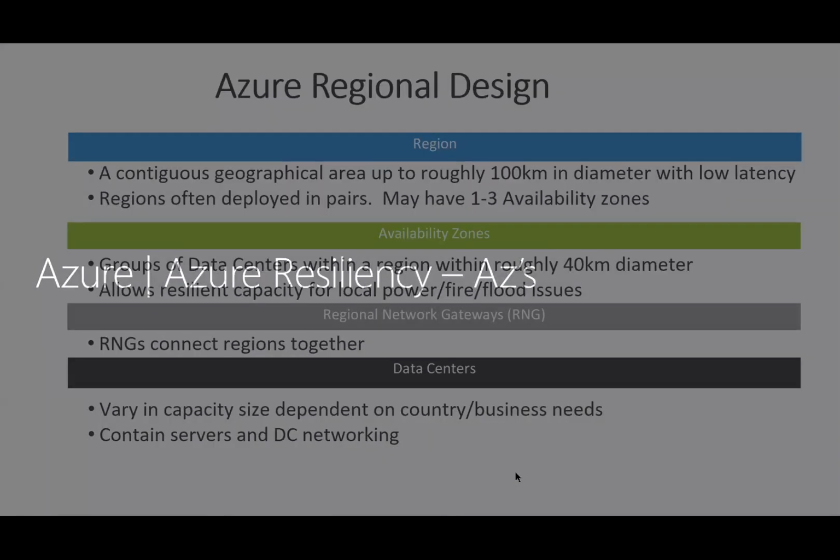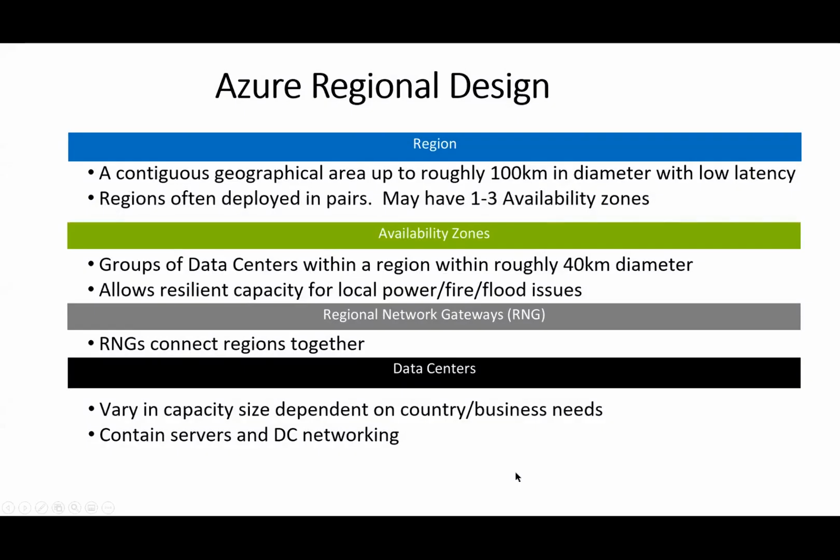So resiliency between availability zones, and building up to that, you need to know the whole regional design and why we build it the way we build it, because we naturally cannot have DCs too close to each other because of, say, earthquake or flood or something like that. We don't have the luxury of having multiple power providers.